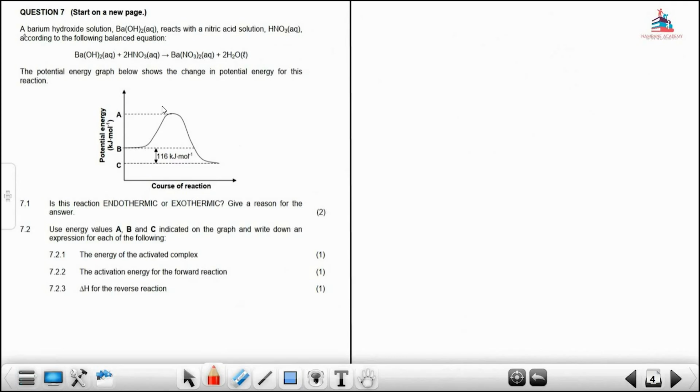They say now, a barium hydroxide solution reacts with nitric acid solution according to the following equation. The potential energy graph shows the change in potential energy for this reaction.